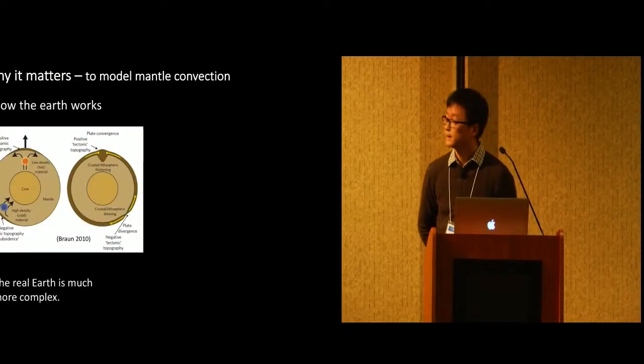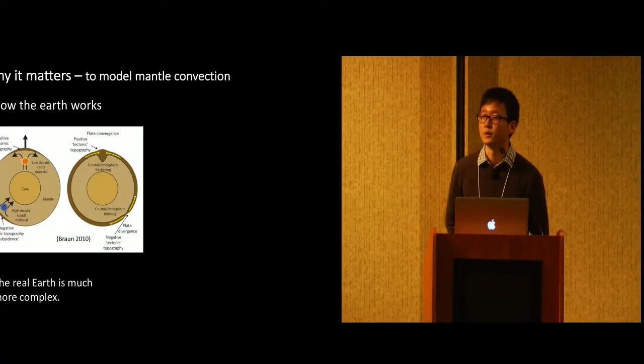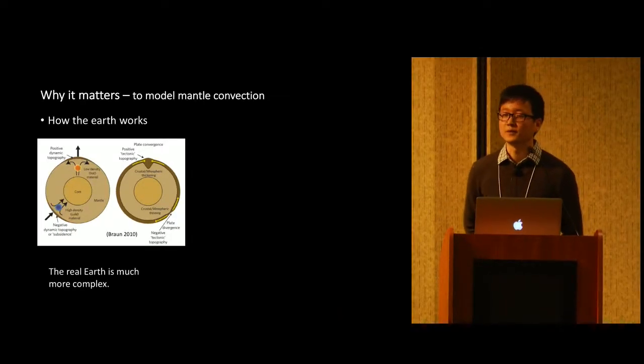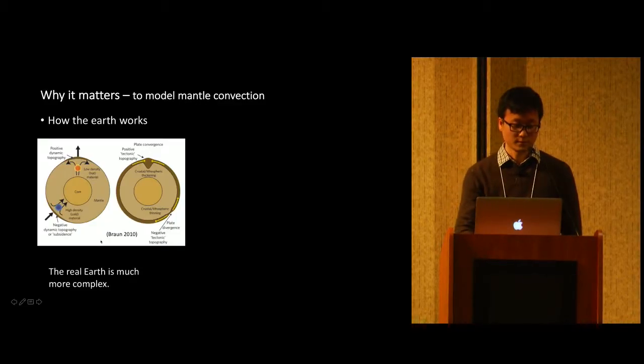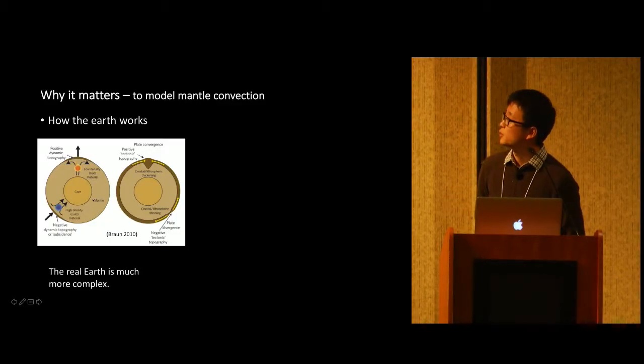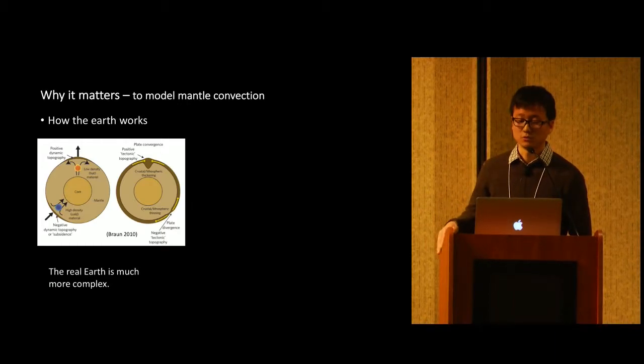So why does it matter? As I mentioned, one of the reasons is we want to get a better idea of how the Earth works. Traditionally, we know that in the mantle, hot buoyant anomalies rise up, and dense anomalies sink into the deeper mantle.